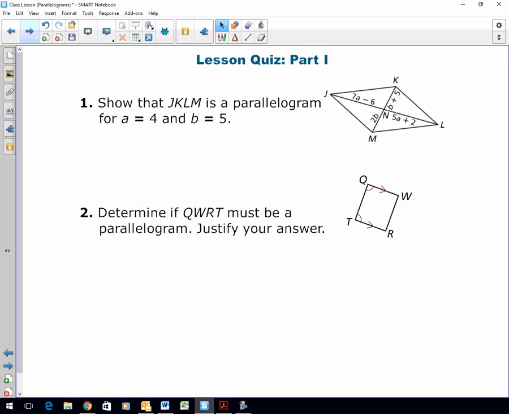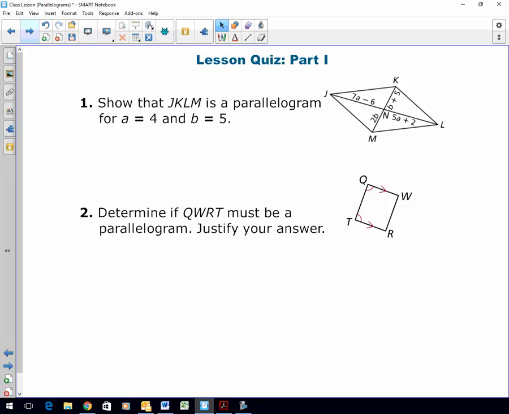Okay. I was going to run you through this, but I'm not because we're out of time and I need to get you to this classwork. Just so you know, in number 1, I would have to plug in 4 for A, 5 for B: 2B equals B plus 5, 7A minus 6 equals 5A plus 2.